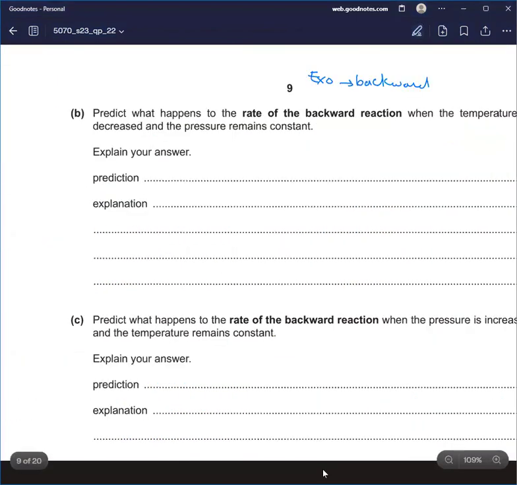So they are asking to predict what happens to the rate of backward reaction when the temperature decreases and the pressure remains constant. Oh, okay. They're asking about the rate, not the position of equilibrium.